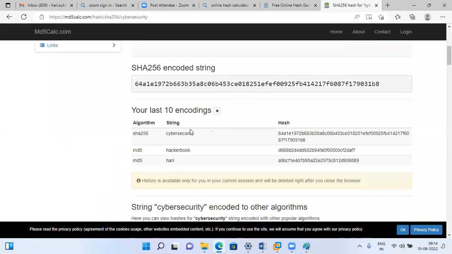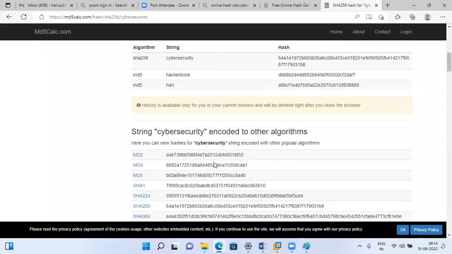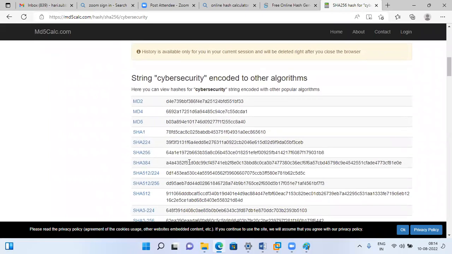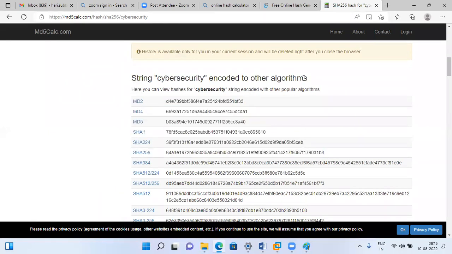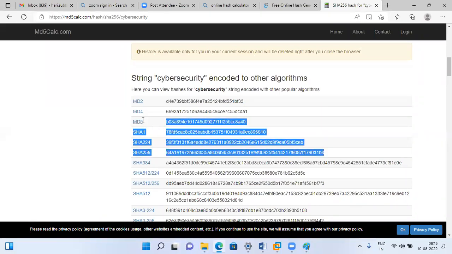And even we got the details for MD5 and hackerbook, sorry, last 10 encodings. You see the key size is increasing from MD5 to SHA-256, right?